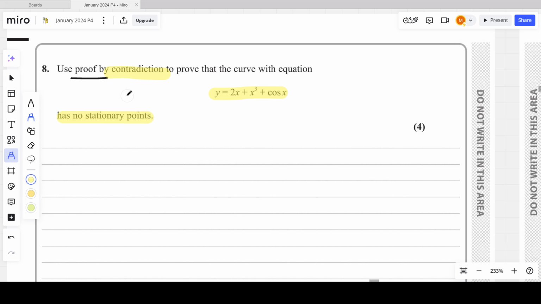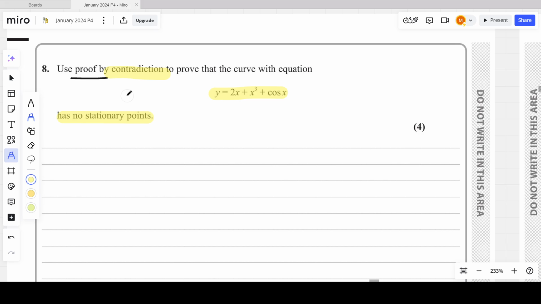We will consider the opposite thing as true, and using that opposite fact as true, we will do all of the algebraic workings.